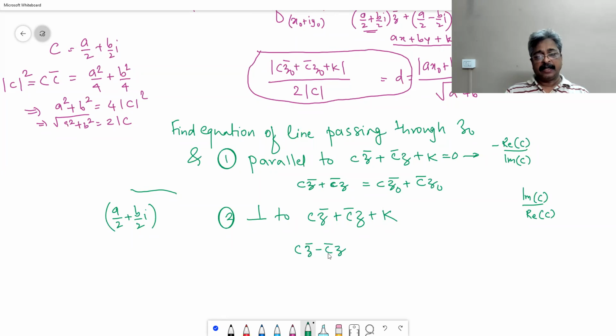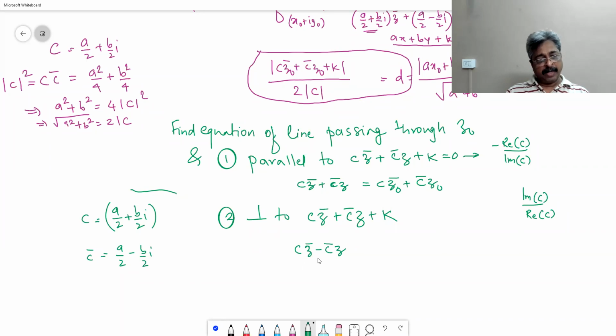Okay, let us find out what is the slope of this side. Plus k. Suppose the equation of the line looks like this, then what is the slope of this? c is a by 2 plus b by 2 i. So a by 2 minus b by 2 i is equal to c bar.